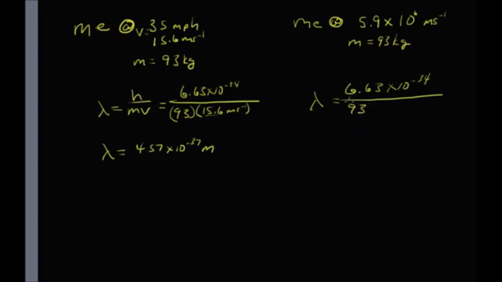Honestly, my mass would be bigger if I was going a significant portion of the speed of light, but we'll go with 93 kilograms. And I'm going 5.9 times 10 to the 6 meters per second. And so my wavelength is 1.21 times 10 to the minus 42.